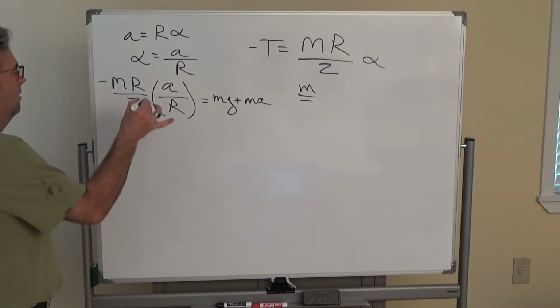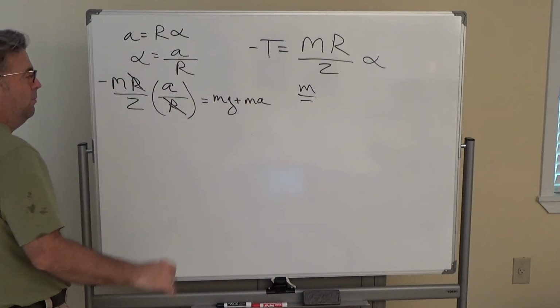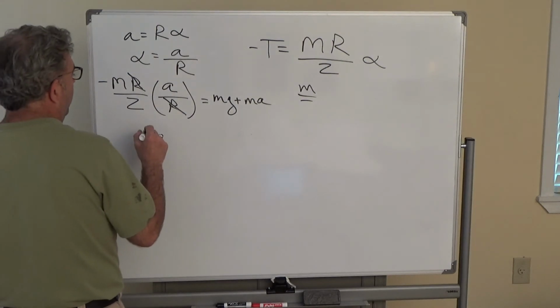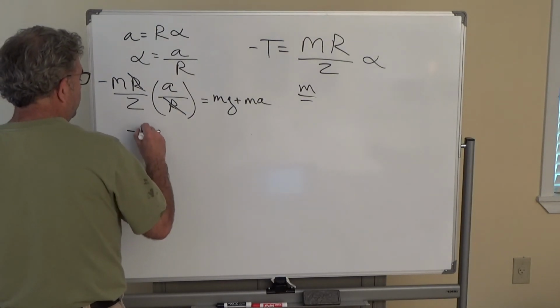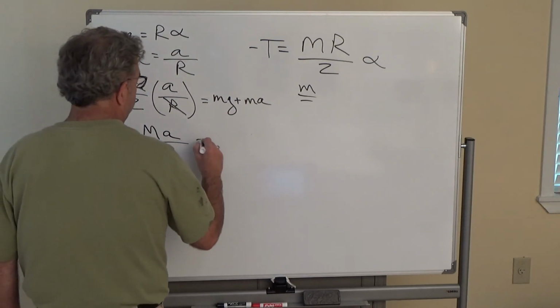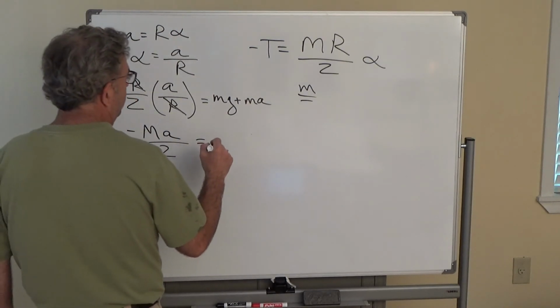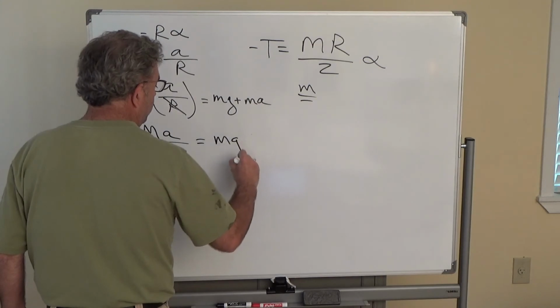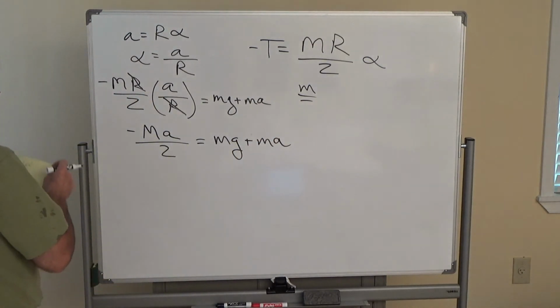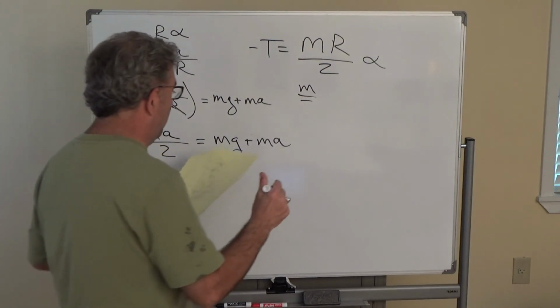Okay? Look at this. It's independent of the radius. So you get minus MA over 2, that's big MA, is equal to little mg plus little ma. Collect terms and solve.